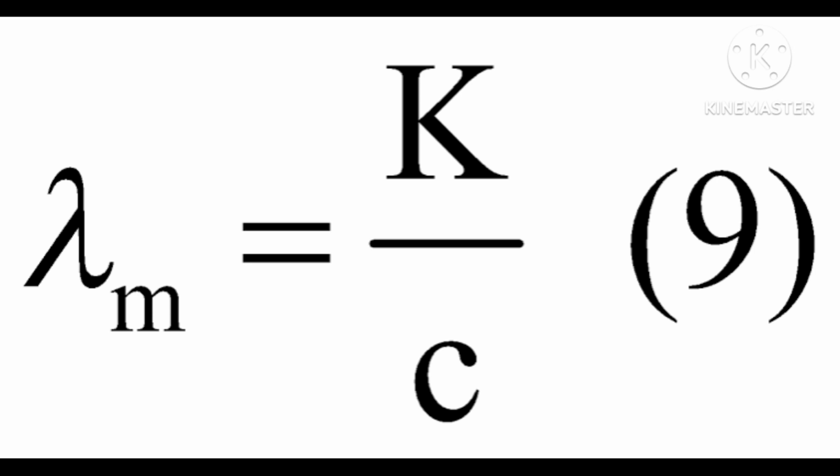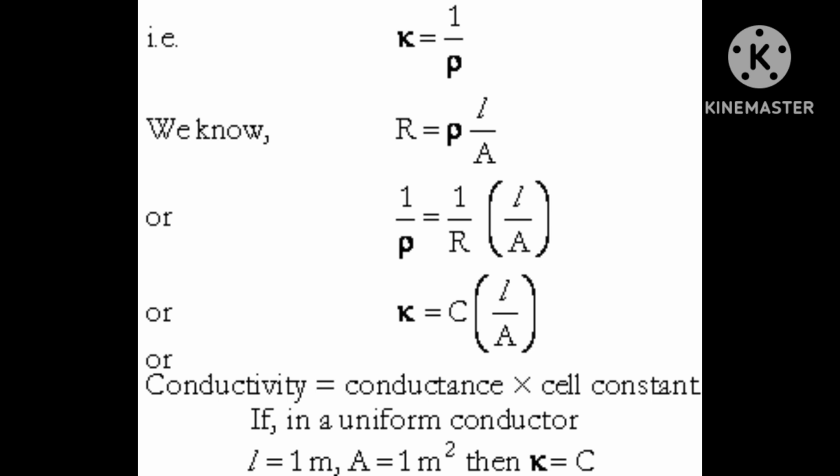Lambda m 0 is actually the conductivity at infinite dilution, that is the intercept. That value is for the maximum. And for the x-axis, that value you will use, you already know it.